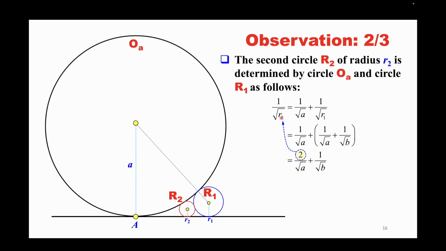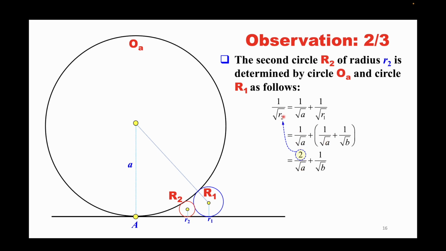That is, the radius of R2 is a function of A and the radius of R1. But we do know the radius of R1 is this. Now we see that we have two terms of 1 over the square root of A. We just add them together.